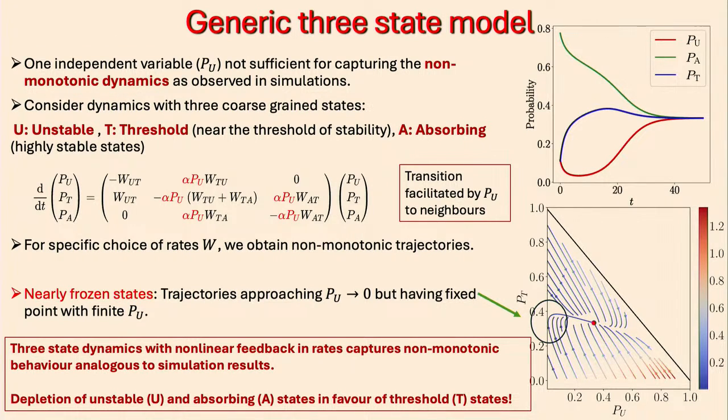But if I have a large enough PU, after an initial phase where it decreases, it turns around and goes to a fixed point where the unstable state population is finite.